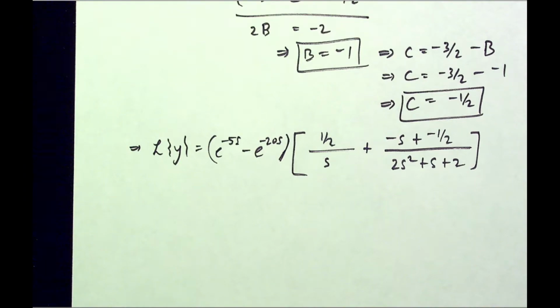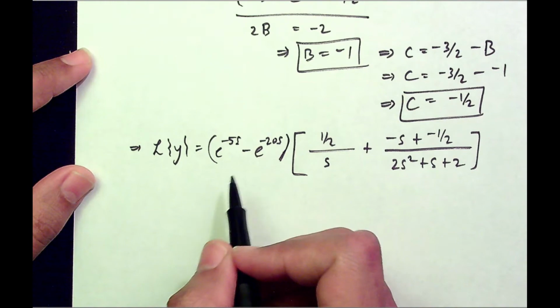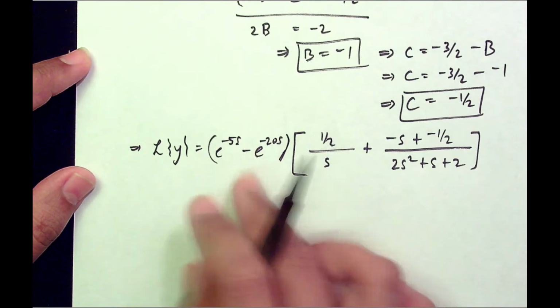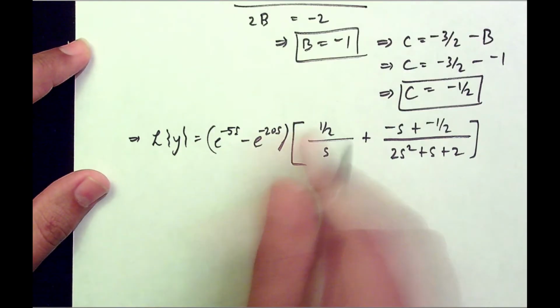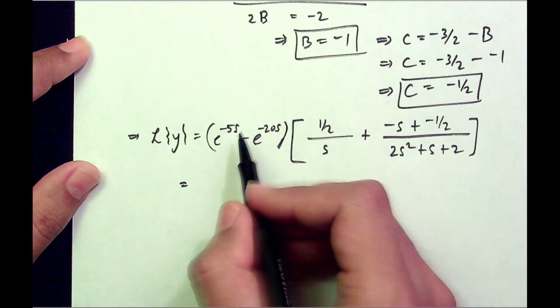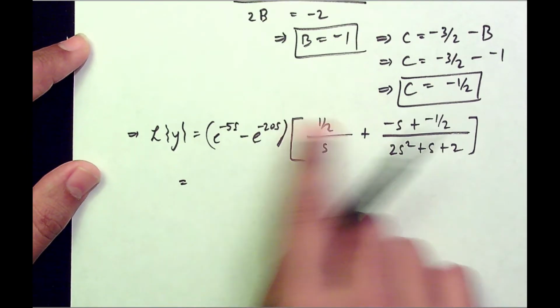Now we have to distribute here, because again, there's no way we can find these on the table. We have to write this in simpler terms. So we're going to distribute this. We have to FOIL. So this times this, this times that.